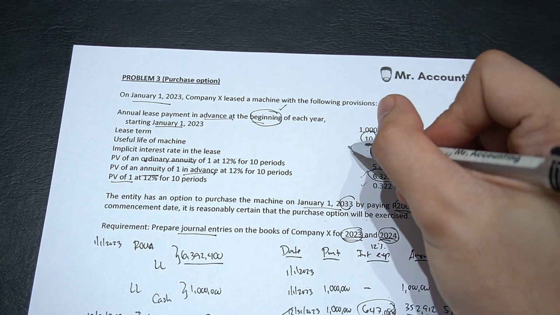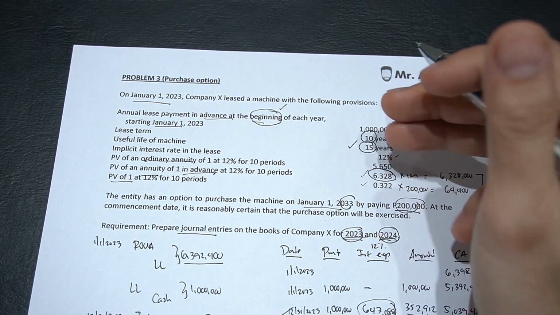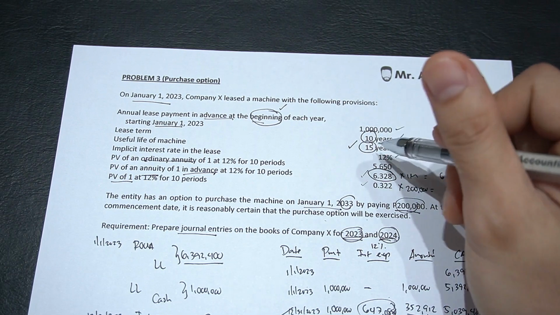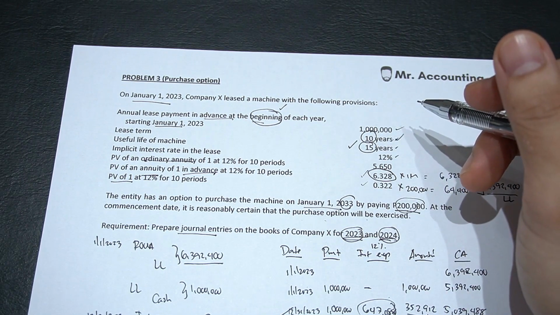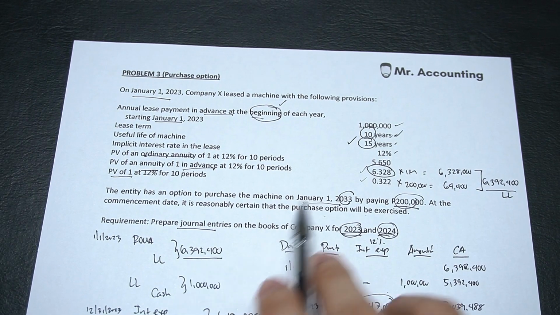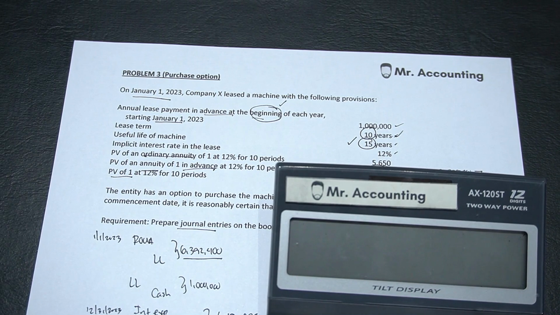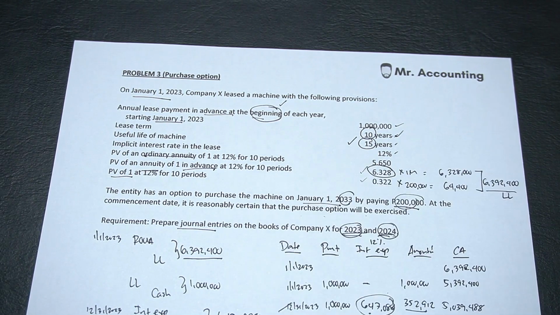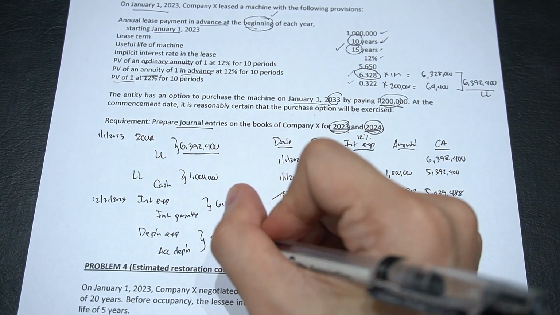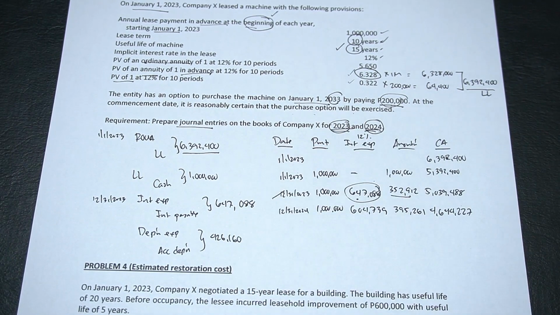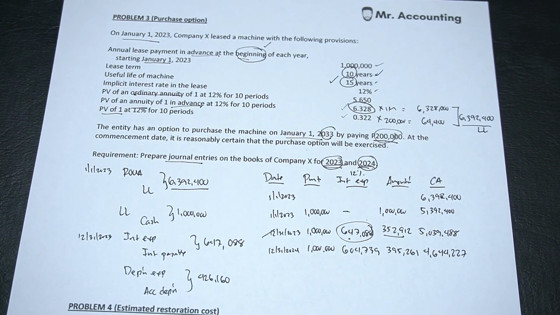Ang gagamitin mo dyan is 15 years. Bakit? Kasi mapupunta sa iyo yung asset. Tama? So, kaya mo siya magamit sa buong life niya. Right? So, 6,392,400 divided by 15 years, I get here 426,160. Okay?